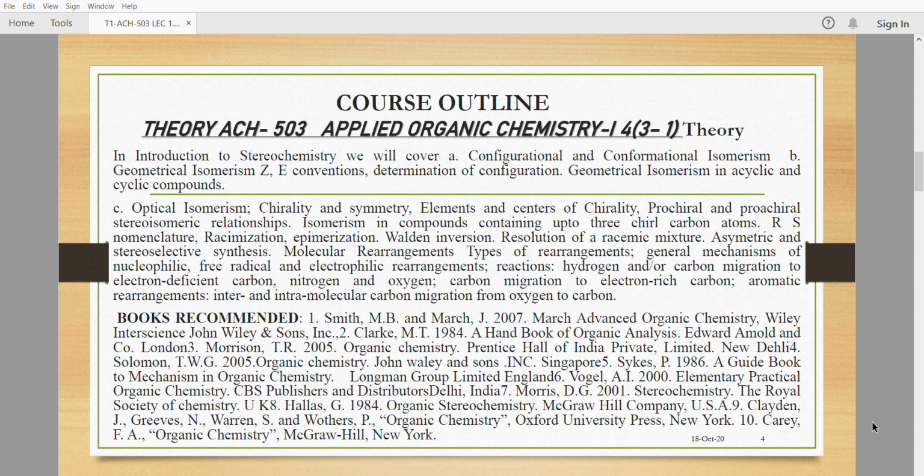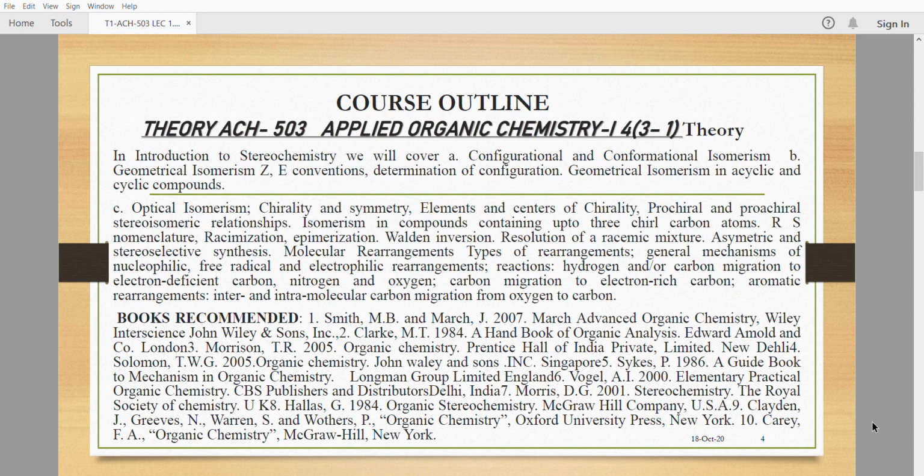Solomons is a thick book, and Robert Casirio, because during college studies you can also use that as a reference book, Robert Casirio, Peter Sykes, Schaum series.